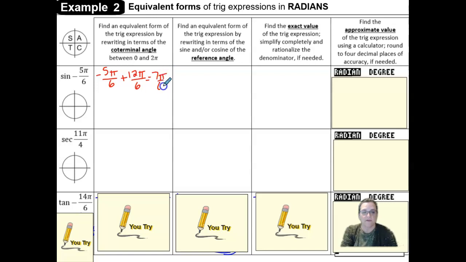Half the circle is 6 pi over 6, so 7 pi over 6 is going to be in quadrant 3. And that means the sine of negative 5 pi over 6 is equivalent to the sine of 7 pi over 6.